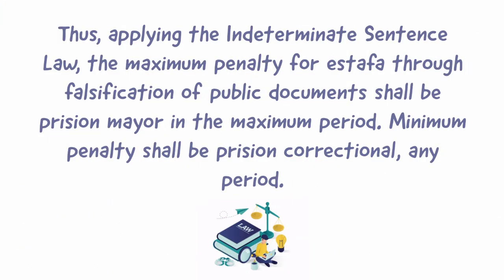Thus, applying the Indeterminate Sentence Law, the maximum penalty for estafa through falsification of public documents shall be prison mayor in the maximum period. Minimum penalty shall be prison correctional, any period.